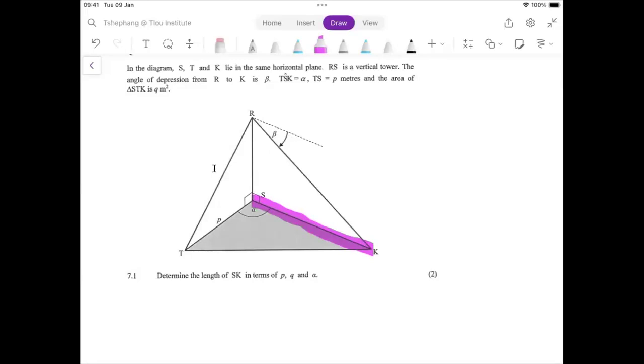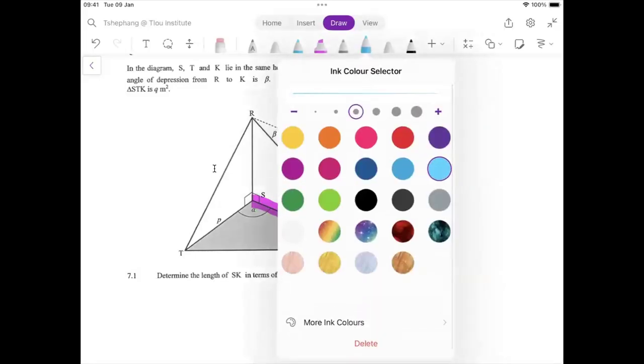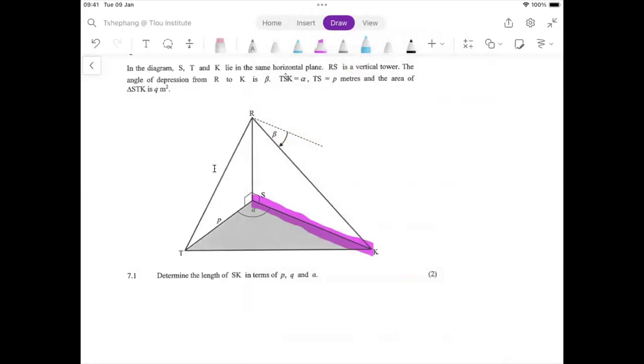Because I have 90-degree triangles, but I don't have enough information, I cannot use sine, cos, or tan. But they did give me the area of STK, the bottom shaded triangle.